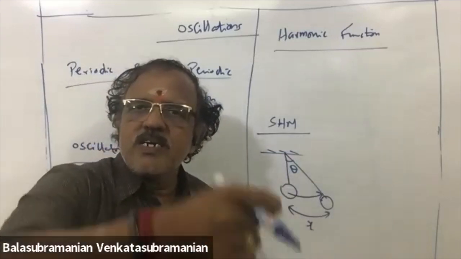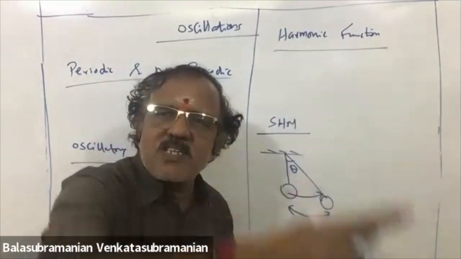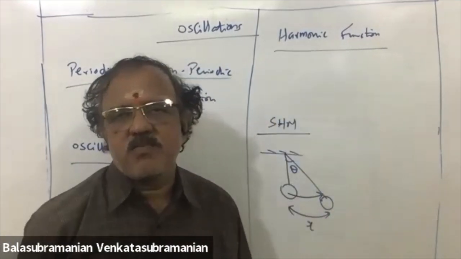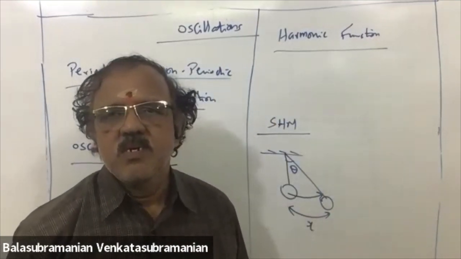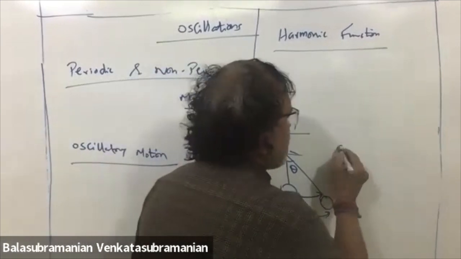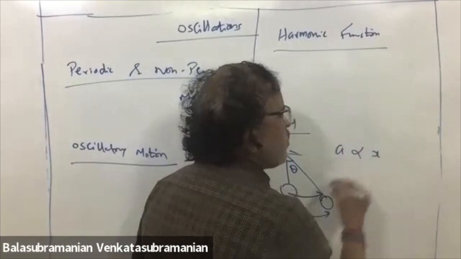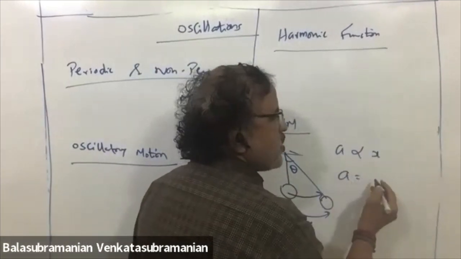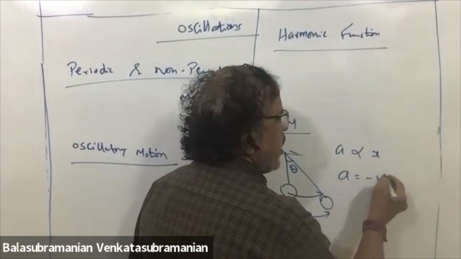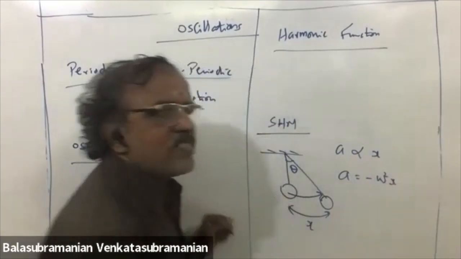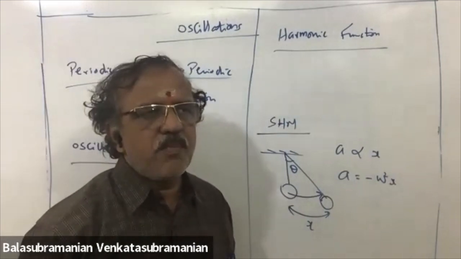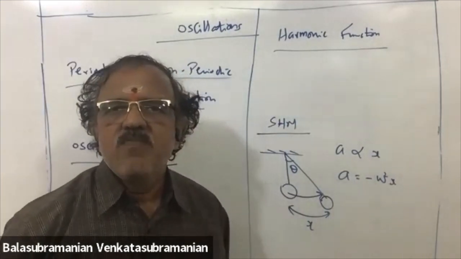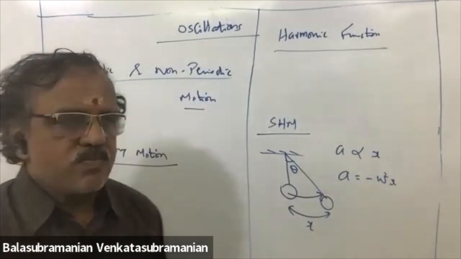When you leave it, it accelerates in the opposite direction. So the acceleration is proportional to displacement, or acceleration is equal to a constant, omega square, into x. What is that omega square, sir? For the time being, we will take it as a constant. We will prove that later.